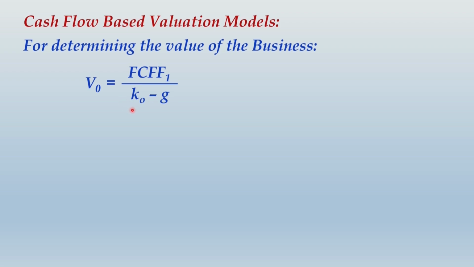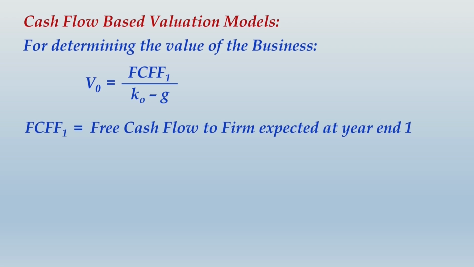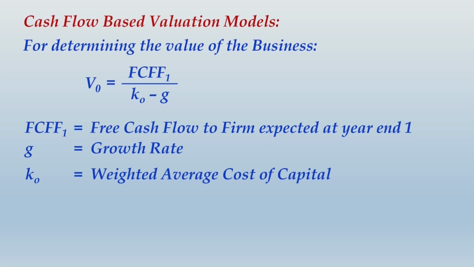This is not K0, this is KO. So KO minus G, where FCFF1 is the free cash flow to firm expected at year 1 end, G stands for the constant growth rate, and KO is the weighted average cost of capital. So please write up this whole thing and then I take you ahead.